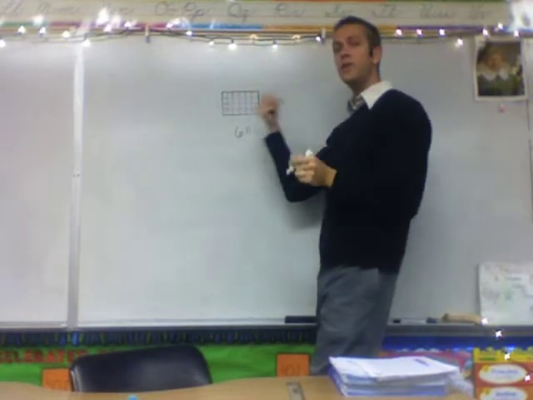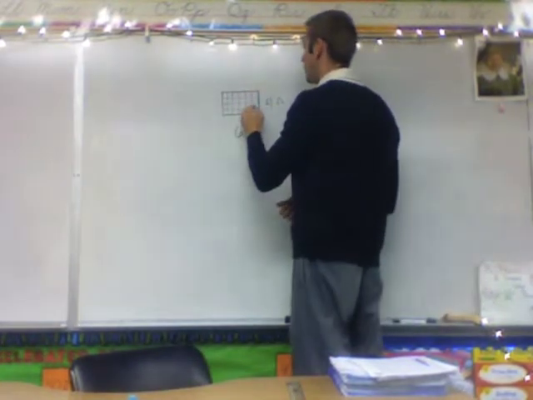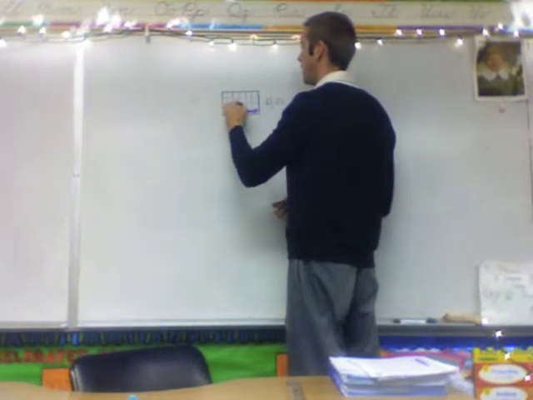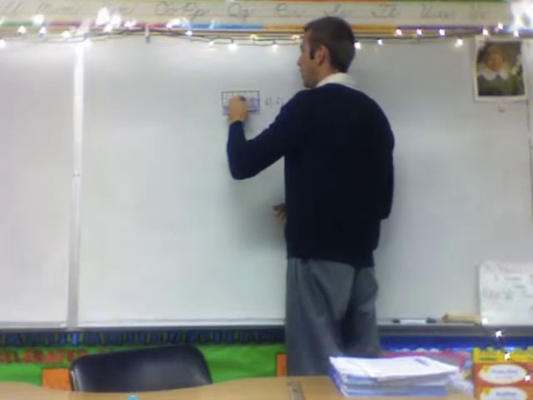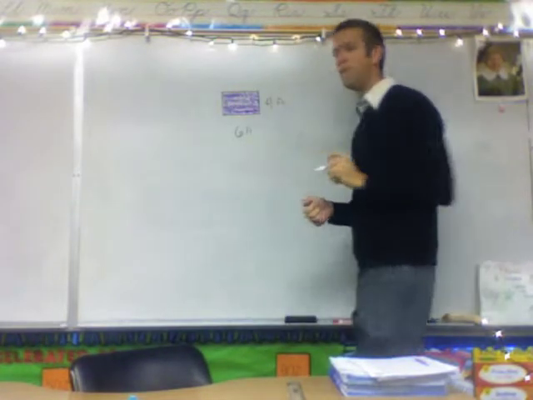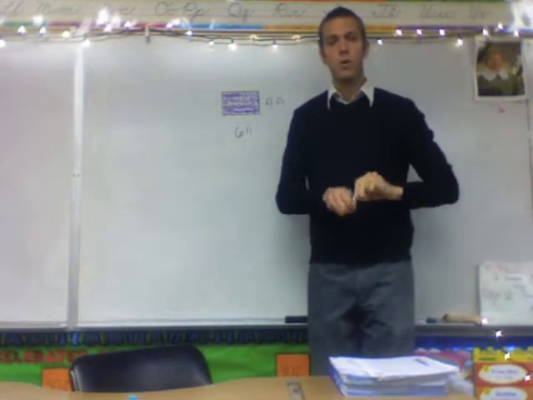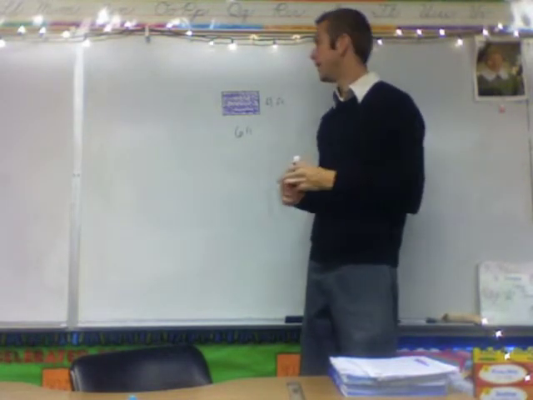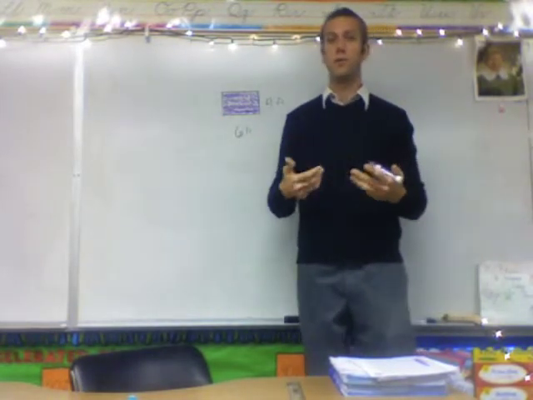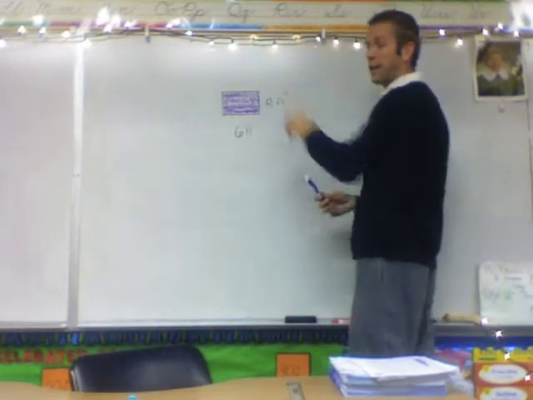So how many squares do you think are in here? 1, 2, 3, 4, 5, 6, 7, 8, 9, 10, 11, 12, 18, 24. 24 squares fit in this area because it's 6 by 4, which makes 24. That's how the area gets covered.